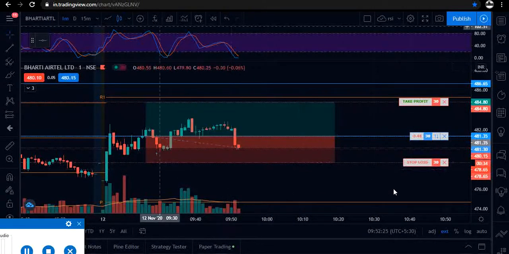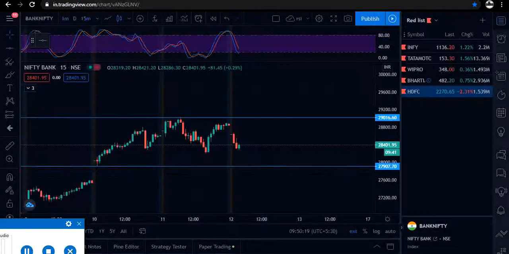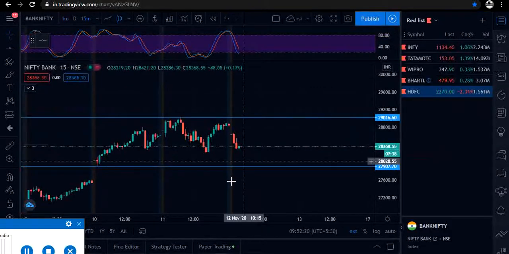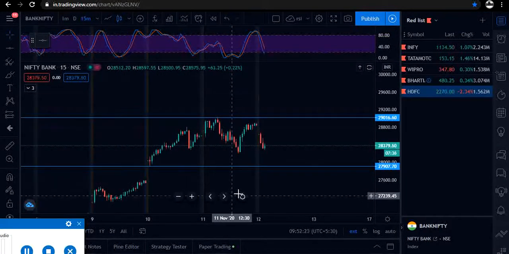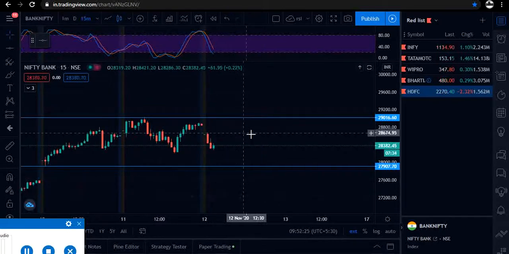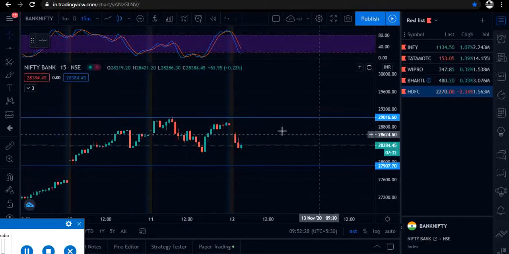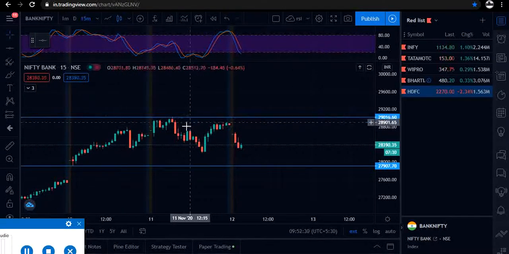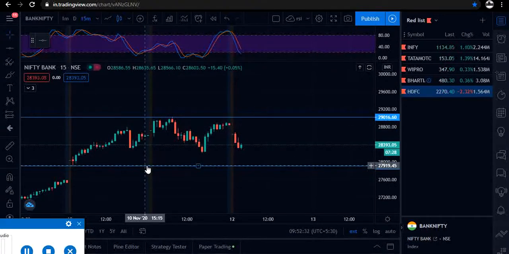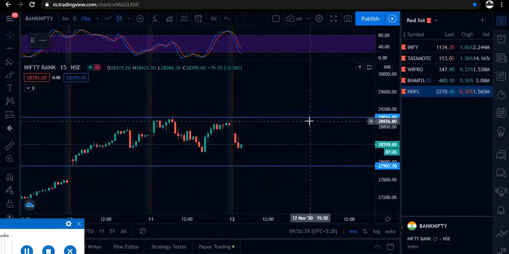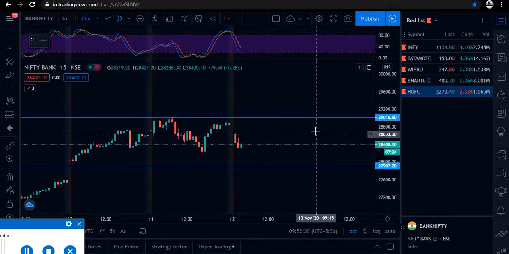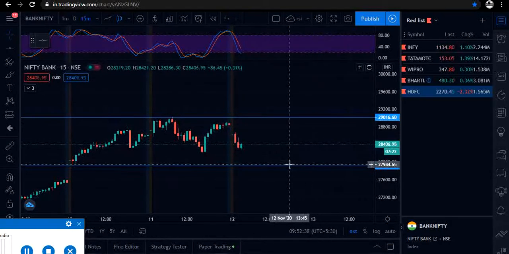Now coming on to our option selling trade, traders. This is the chart of Bank Nifty. You can see the first resistance on the upside is here, and the second support is here. I have drawn these two horizontal lines to mark this resistance and this support.